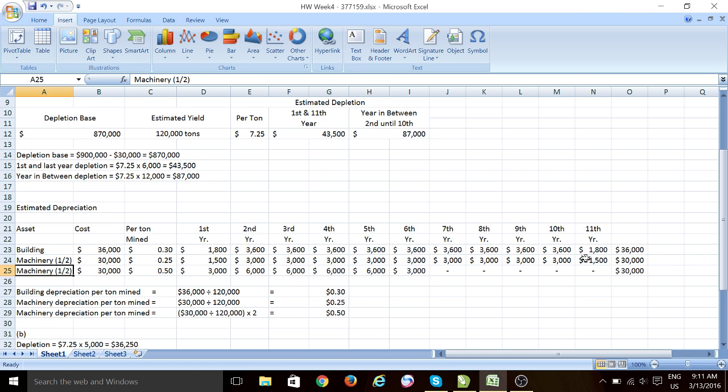So yeah. And then the second machinery will also cost 30,000, but the per ton cost will be 2 times larger than the first machinery because it depreciates 2 times faster. Its useful life will only be half of the first machinery. So yeah, we do 0.5 times 6,000, we got 3,000, and then we continue until the fifth year.